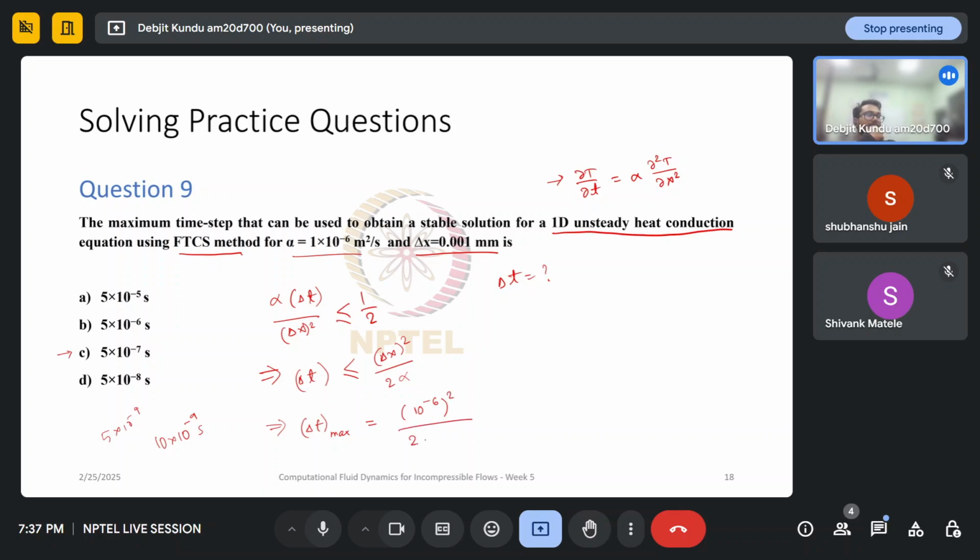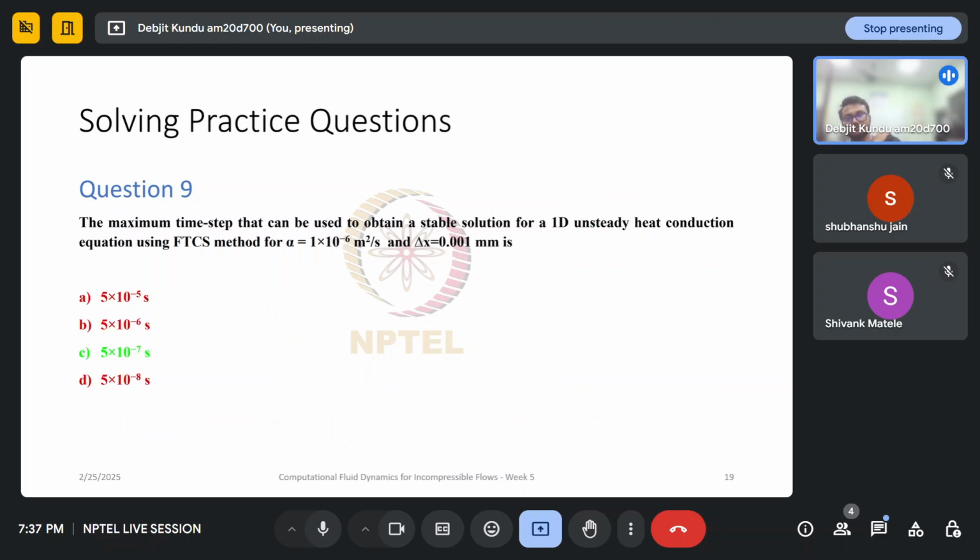Then over here I have 2, and alpha is 1 into 10 power minus 6 meters squared per second. So 10 power minus 6 and 10 power minus 6 I can cancel. Then this is 10 into 10 power minus 7 by 2, which is 5. Ultimately it gives me 5 into 10 power minus 7 seconds, which is option C.